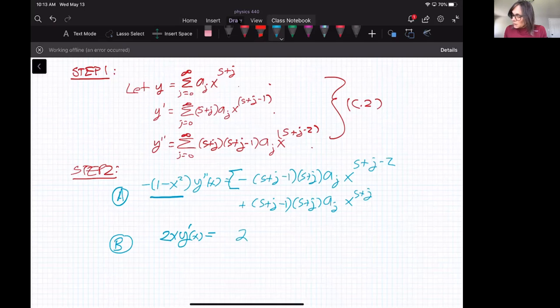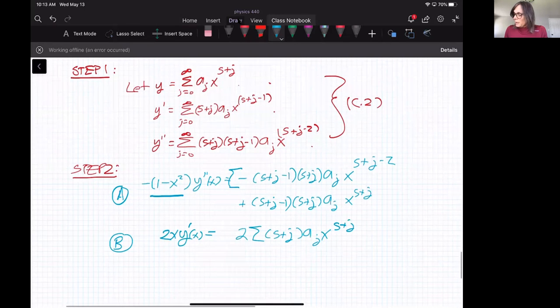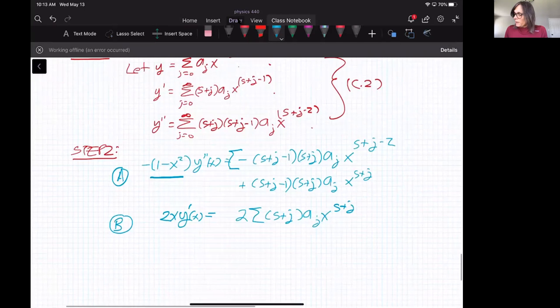So sum, and in this case, this is just s plus j, aj times x to the s plus j, right? We're just multiplying by 2 and adding another factor of x.